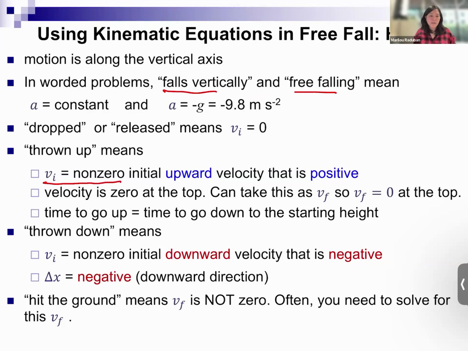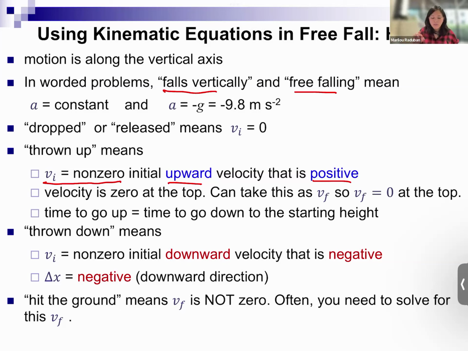So when an object is thrown upwards, the initial velocity is always non-zero, with the direction of upwards or positive. We all know that any object that's thrown upwards will eventually come down. It will reach some peak height and then come down.